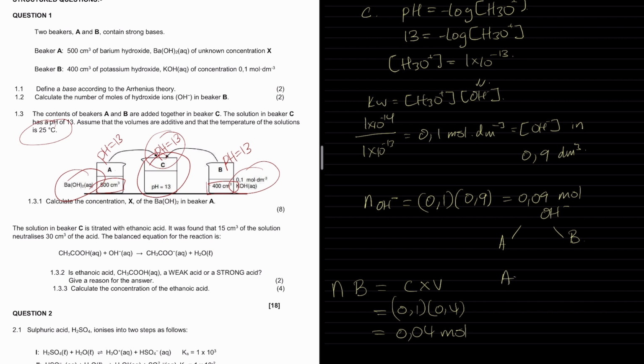So that means in beaker A, you have 0.09 minus 0.04, and that is equal to 0.05 moles of OH- in A. And remember now, in A, this was 500 cm cubed or 0.5 dm cubed.